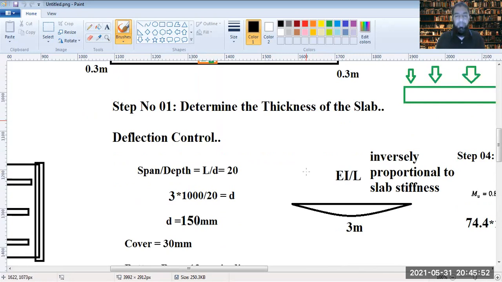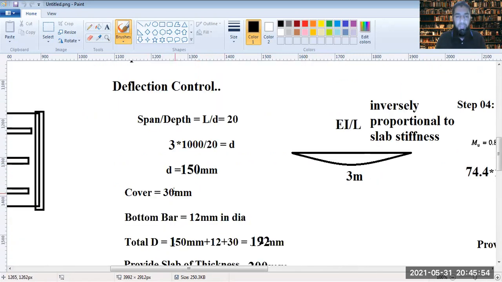So L is the clear span, 3, into 1000 to convert to mm, divided by 20, would be equal to D, the minimum depth of the slab for the deflection control check. So the depth of the slab would be around 150 mm.